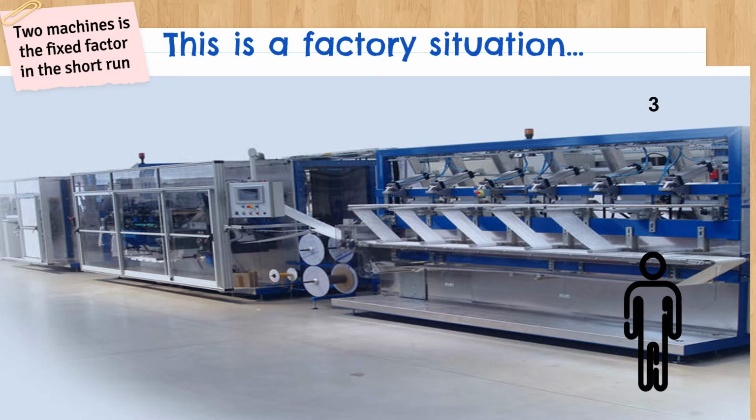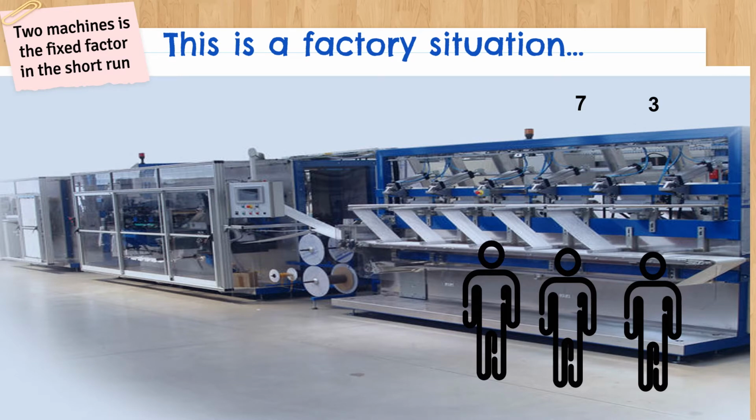In the next instance, we add one more laborer to the production process, and together these two produce an output of 7 units. Further on, another laborer is added, and together the 3 of them produce 12 units.